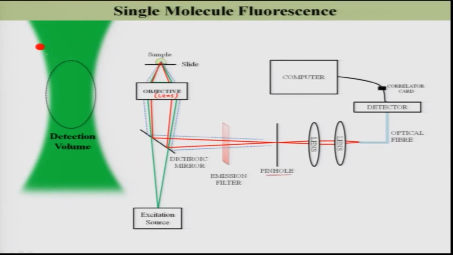But when the molecule is present over here, the signal is blocked. You will get the signal only when the molecule is present within this volume, and the height of this will be guided by the width of the pinhole. There is a direct relationship between the width of the pinhole and the height.